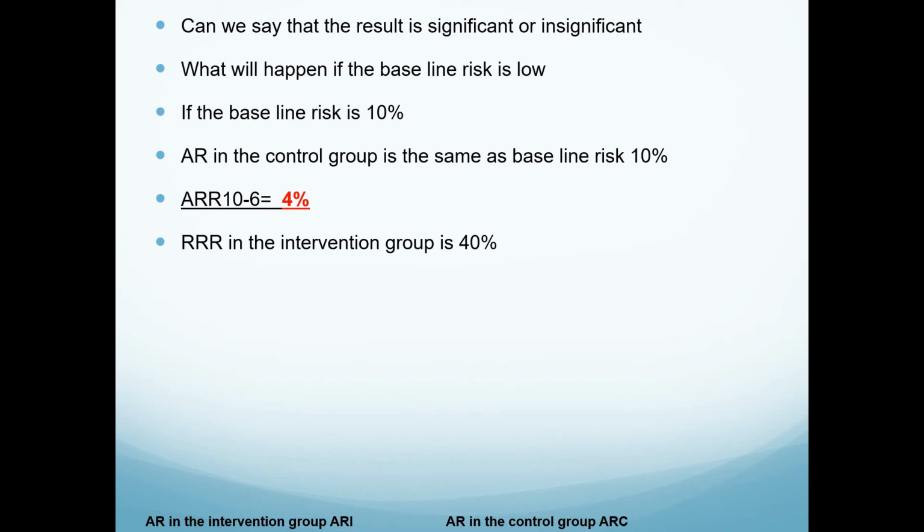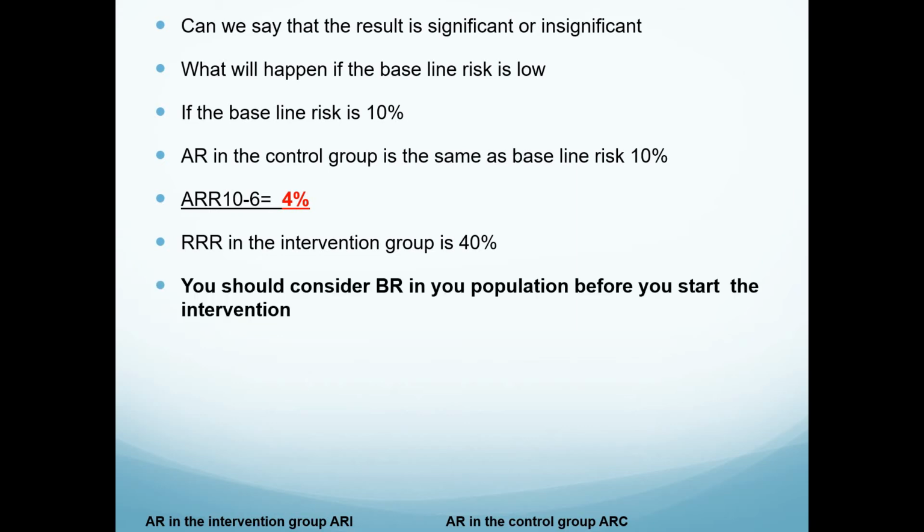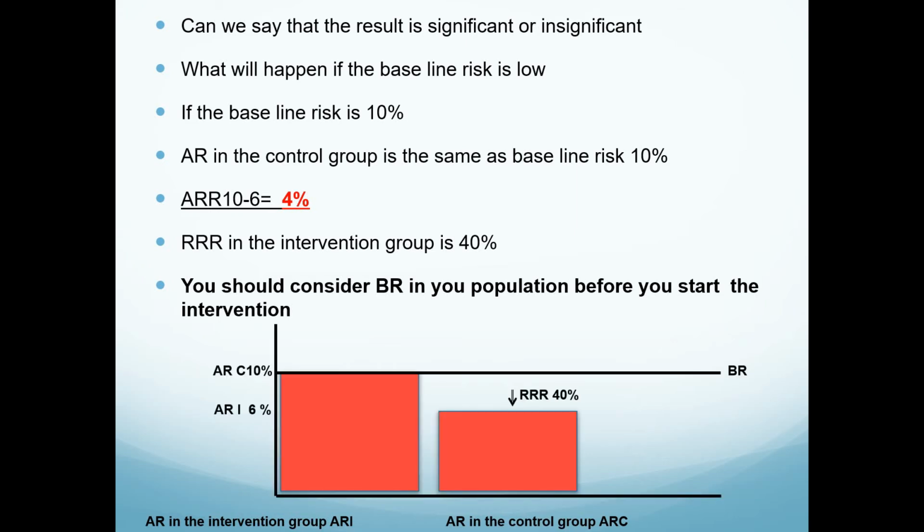The relative risk reduction is the same. It will not be changed. It is 40%. But it will be 40% out of 10%, which is equal to 4. So now, without knowing the absolute risk, you wouldn't know that this 40% relative risk reduction accounts for only 4% from the control group.